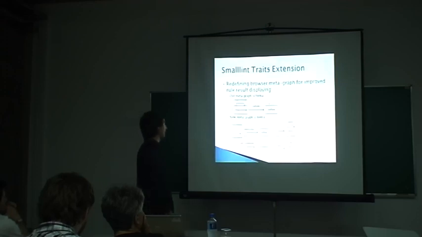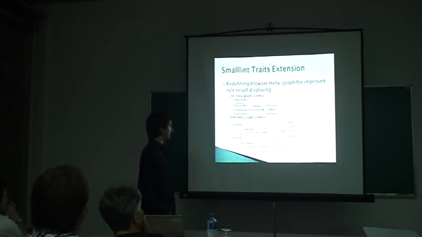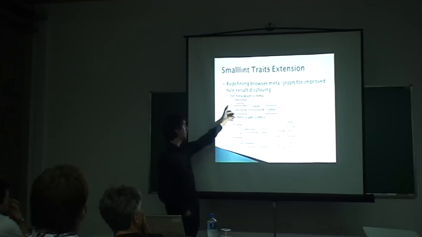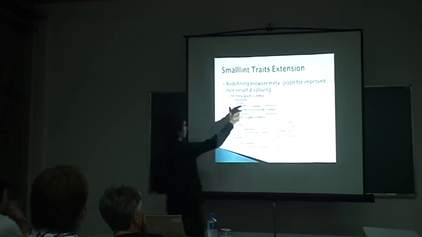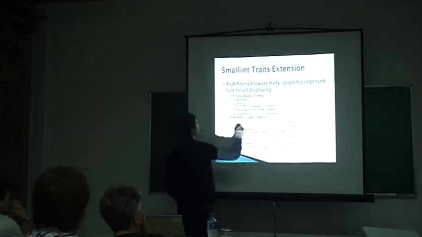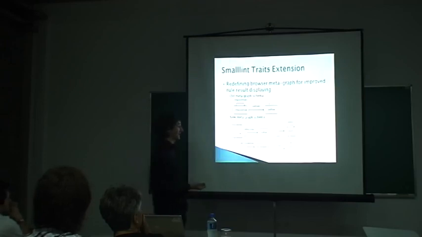Well, here we have the metagraph of the previous version of smalling and the new one. Here we can see that we have the composite rule, that is the group of rules we saw in the middle panel, and that is the meta node of the individual rules.